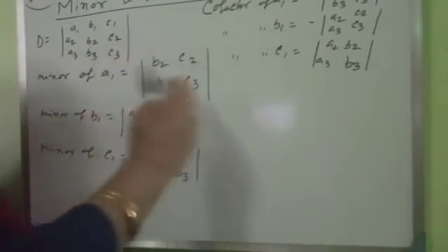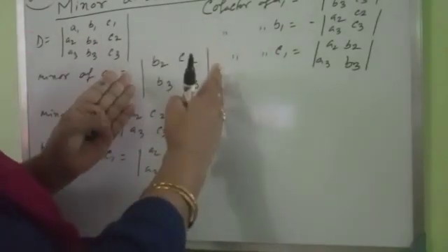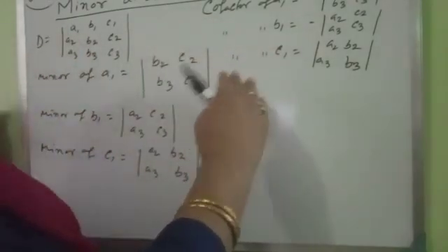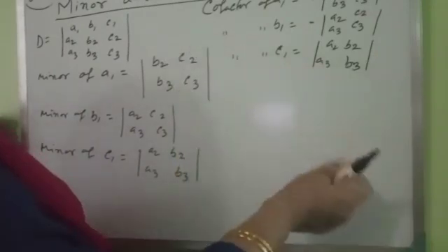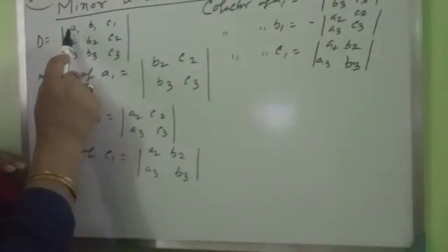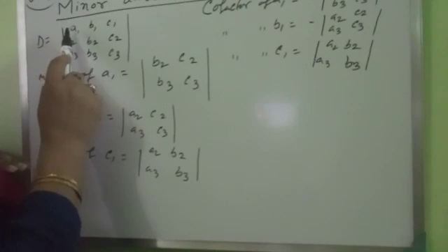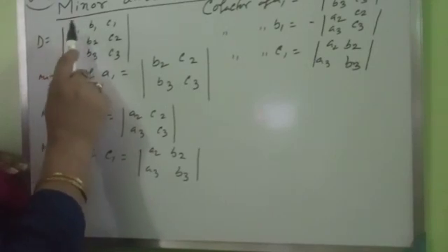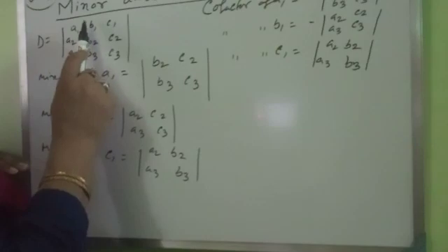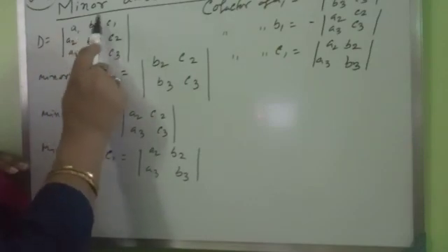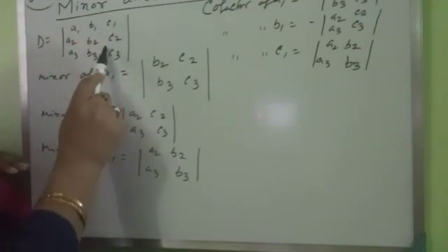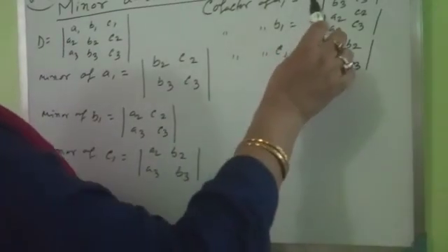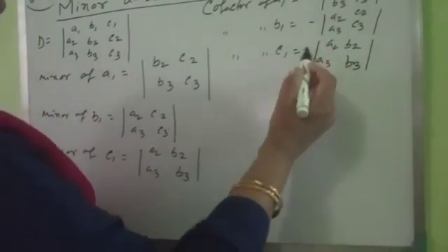Now, what is the cofactor? Cofactor means the minor with the positional sign. Already I have explained how to write the positional sign. The 1,1 position sign will be plus, the 1,2 position sign will be minus, and the 1,3 position sign will be plus. So this is plus, this is minus, this is again plus.